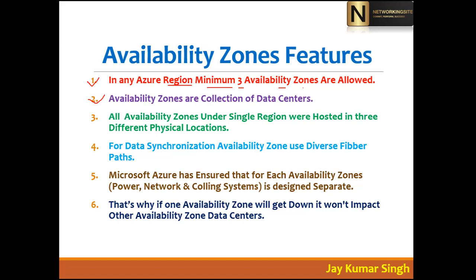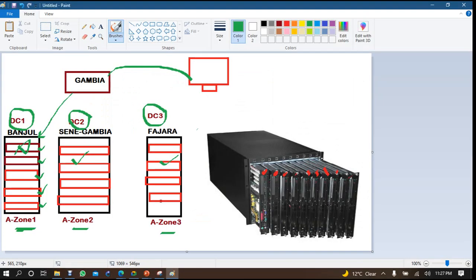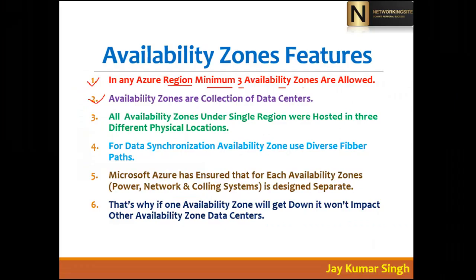Availability zones are a collection of data centers, what we have seen. All availability zones under a single region are hosted in 3 different physical locations. So availability zones are separated in 3 physically separate locations, like location 1, location 2, location 3, or you can say zone 1, zone 2, zone 3.